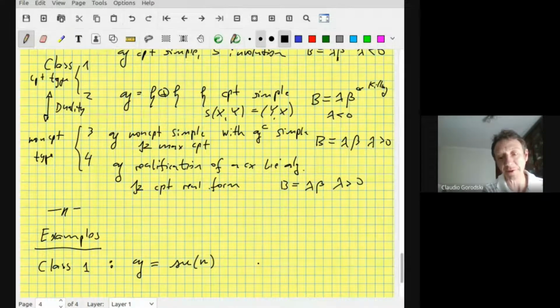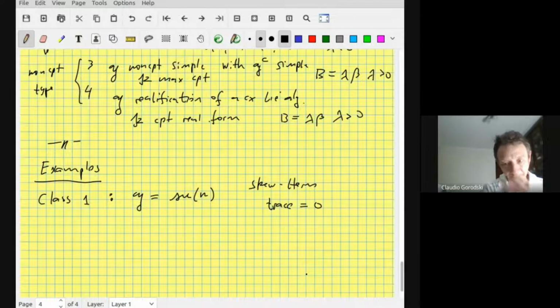So these are skew-Hermitian matrices of trace 0, right? The very standard involution is just conjugation.